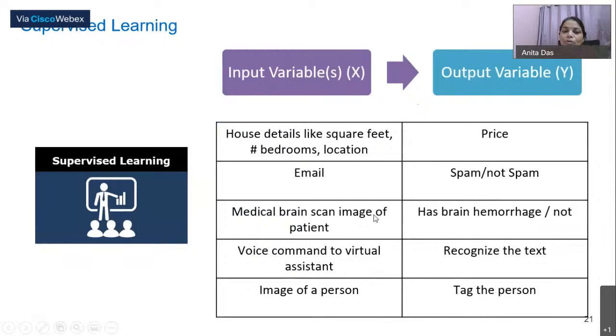Similarly, in spam classification, the email text is the input, and whether the email is spam or not spam is the output variable. When we see input variables and an output variable together in a data set, it will qualify for supervised learning.